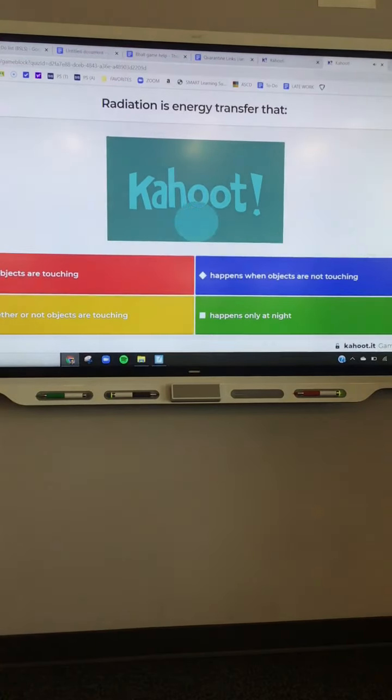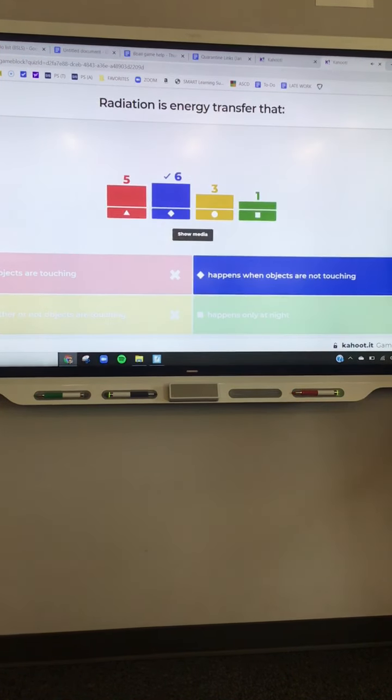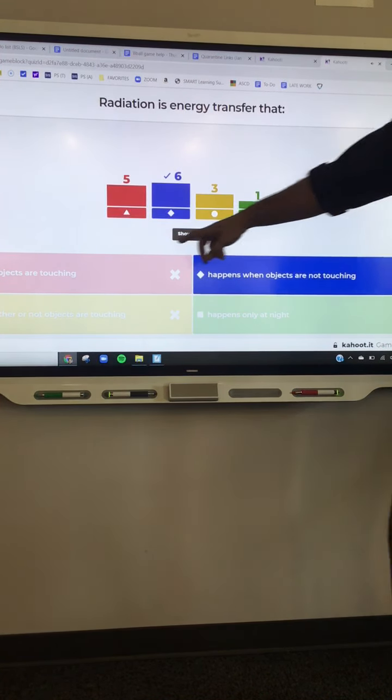Radiation is energy transfer that happens only at night. That's sneaky radiation. No. Oh boy, we're all over the board. Yeah, it only happens when items are touching?